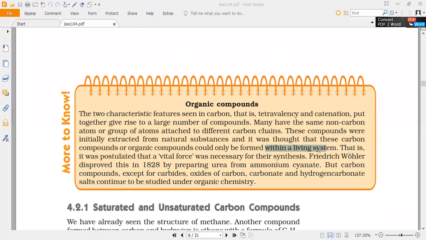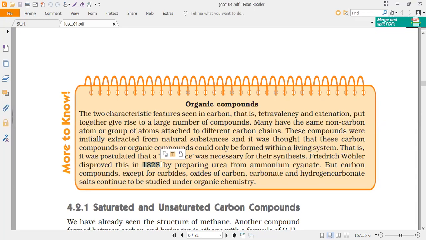It was postulated that a vital force was necessary for the system. But Friedrich Wöhler disproved this vital force theory by preparing urea from ammonium cyanide in 1828.